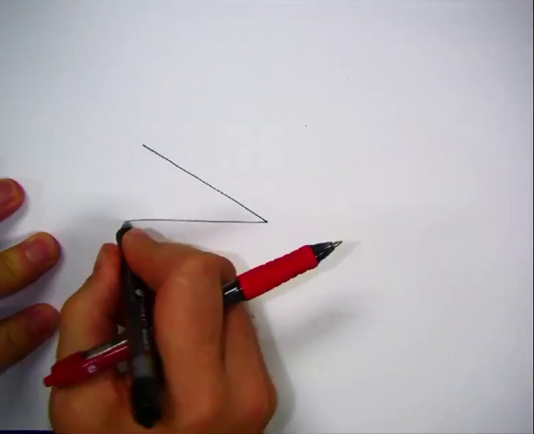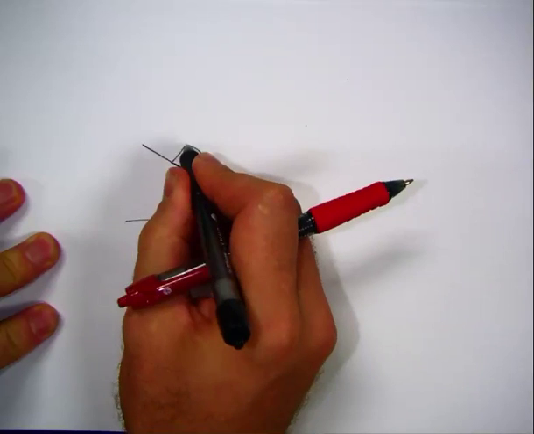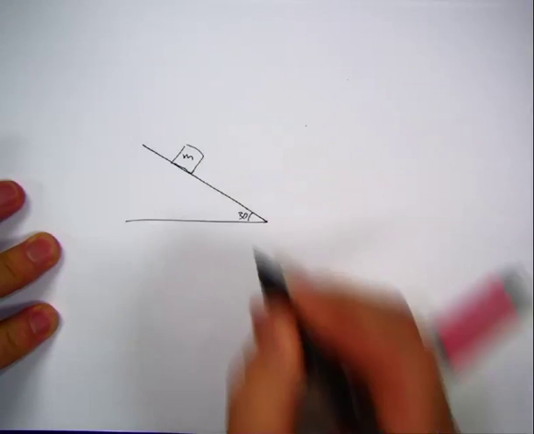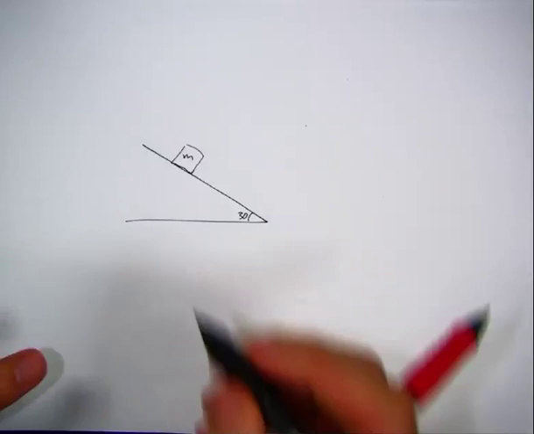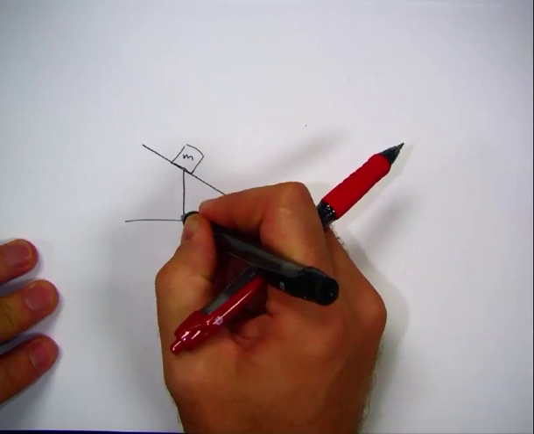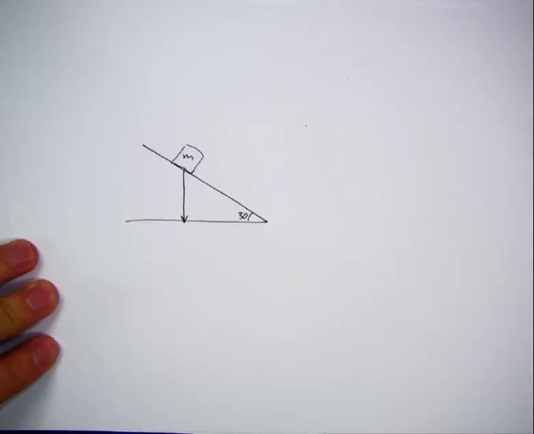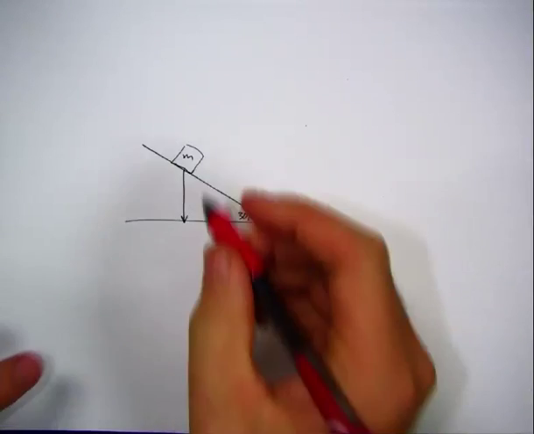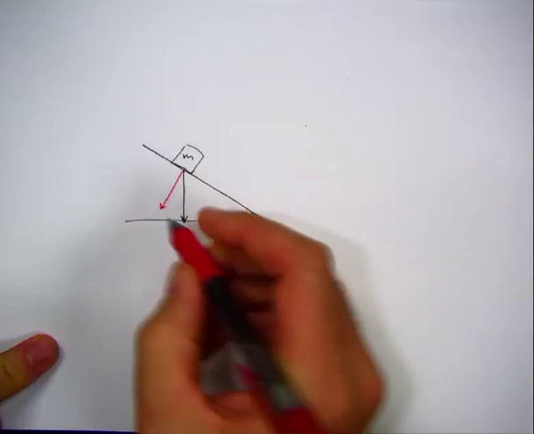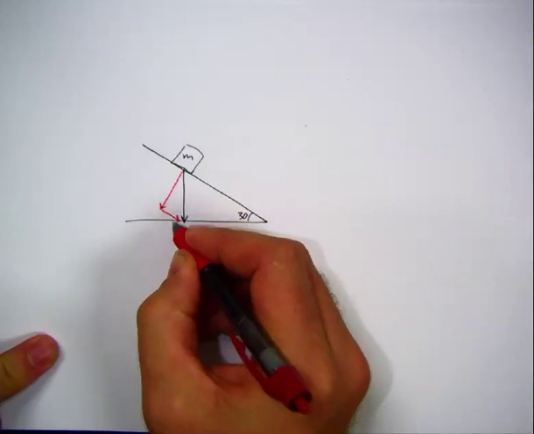Here is our angle, here's our mass sitting on the slope, and we know that this is a 30-degree angle. In the free body diagram, we said that mg pointed straight down. And what we did is we broke that mg up into something perpendicular to the hill and something parallel to the hill.